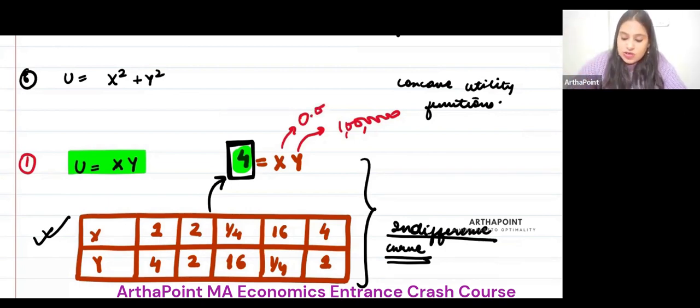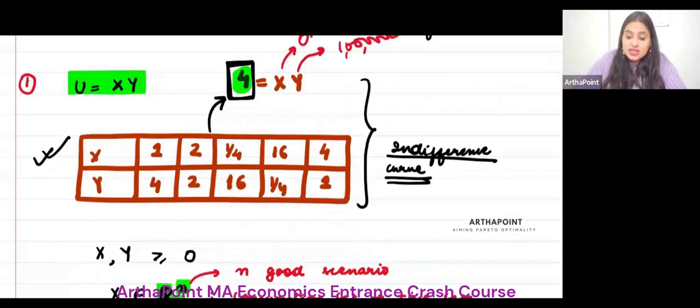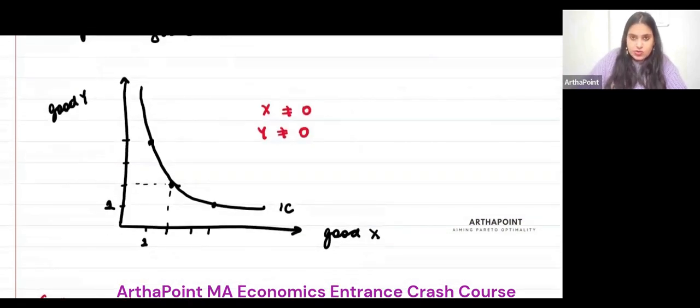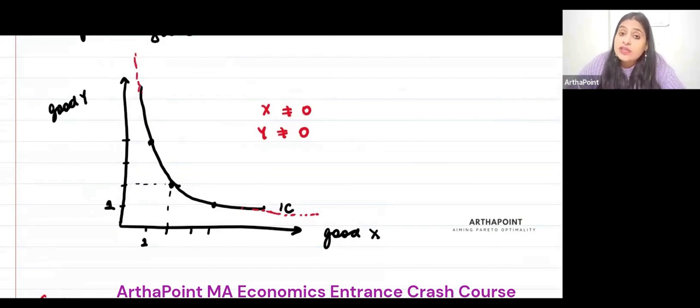So you give me 0.0000001 X and you give me a lot of Y, I will get positive utility. But you can't give me 0 unit of X. My utility will become 0, right? So which means that these utility functions, these ICs, they will tend to become closer and closer to the X and Y axis, but they will never touch X or Y axis, because that will mean zero utility.